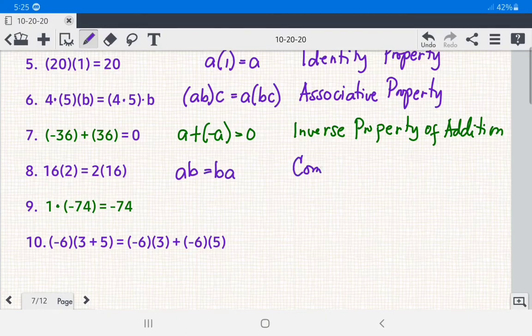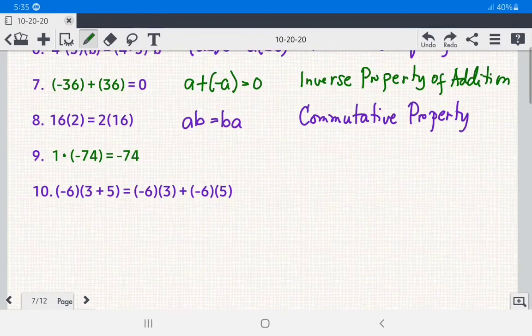So, this illustrates commutative property. Next, number 9, A times 1 is equal to A, for example 1 times negative 74 is equal to negative 74. It is an identity property because of the concept A times 1 is equal to A. So this is an identity property.